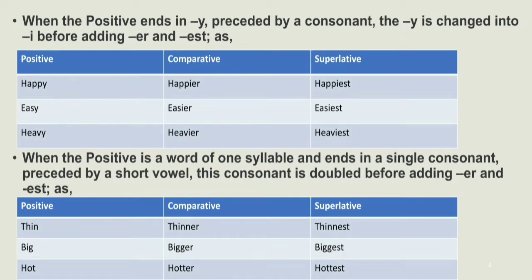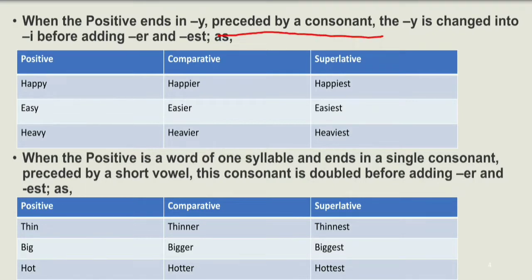Next, when the positive ends in Y preceded by a consonant, Y is changed into I before adding ER and EST. So when a positive degree ends in Y and the Y is preceded by a consonant, Y is changed into I, and after that we add ER and EST to form the comparative and superlative.